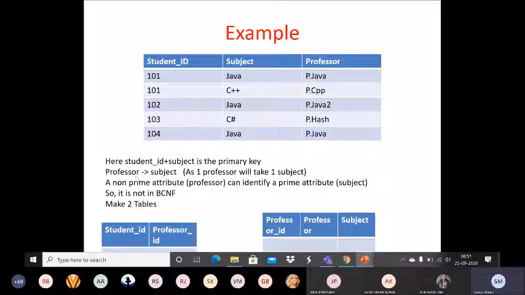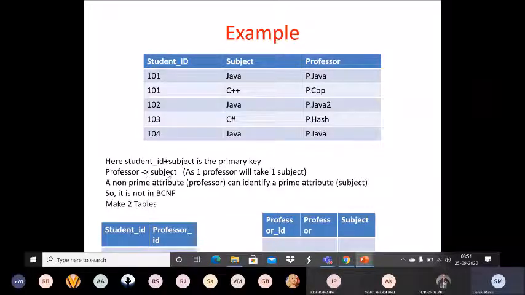If you think from the right hand side, just check. Professor is determining the subject. If you think about CPP, he is taking C++. P hash, he is taking C hash. P Java, he is taking Java.